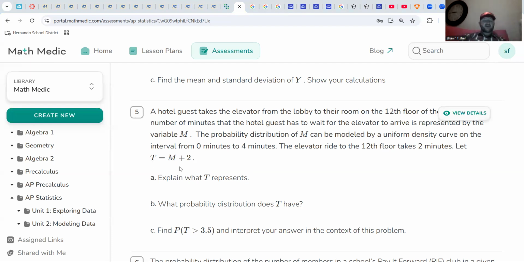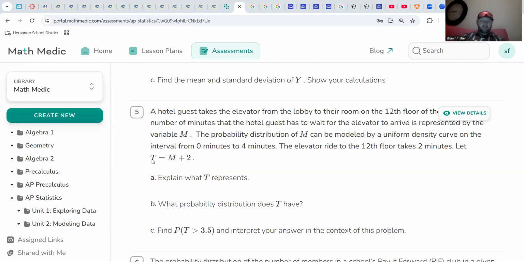All right. So the least amount of time it's going to take is, if M was 0, T would be 0 plus 2, which would be 2 right here. So I would write a 2. The lowest value on my uniform here is 2. The highest minute that I would actually wait on an elevator, M, would be 4.